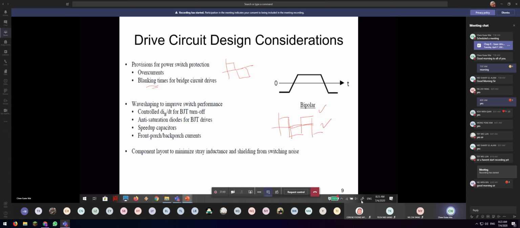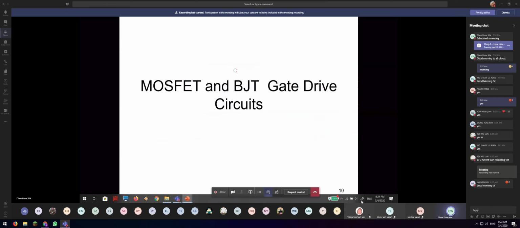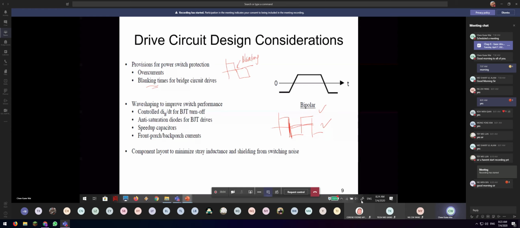Ideally, it should be continuous like this, right? But because there is some delay between the transistors, this refers to the blanking time, or buffer. For example, one BJT turns off, but the other hasn't turned on yet, so there is a delay time, or blanking time.